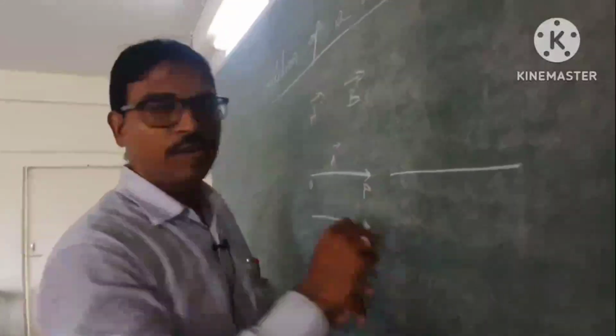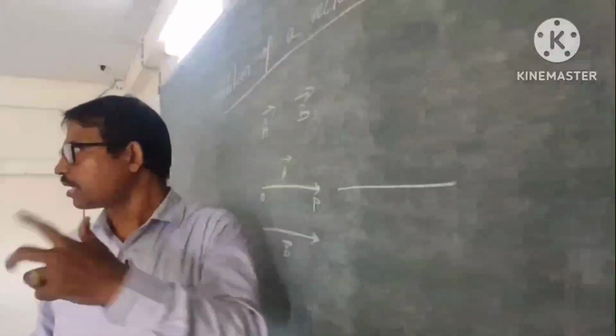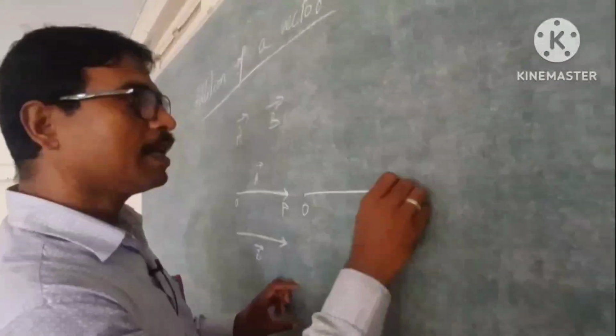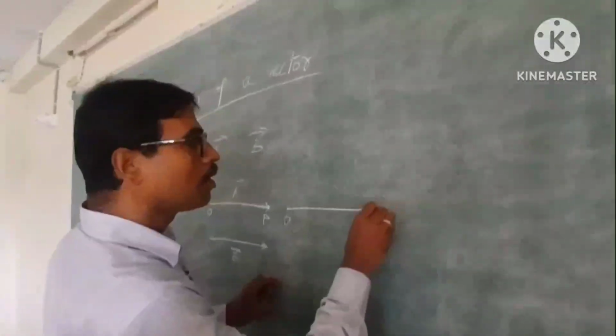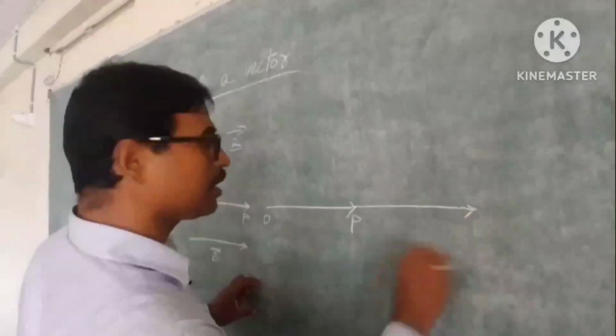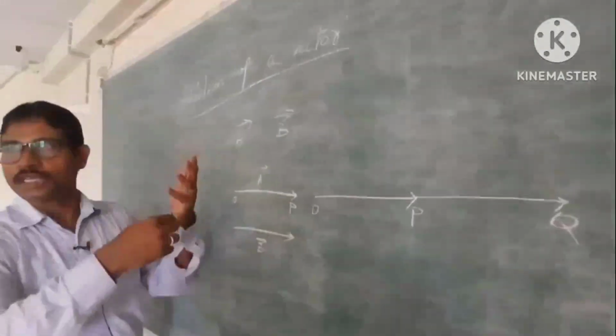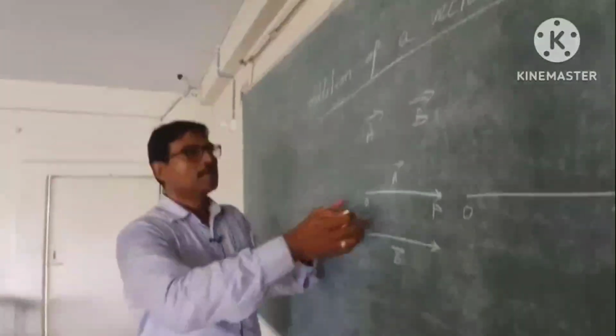direction. If you forget the direction, it becomes scalar. So this one is O, this is P, and suppose this is Q. Now OQ is the resultant. How can you add it?